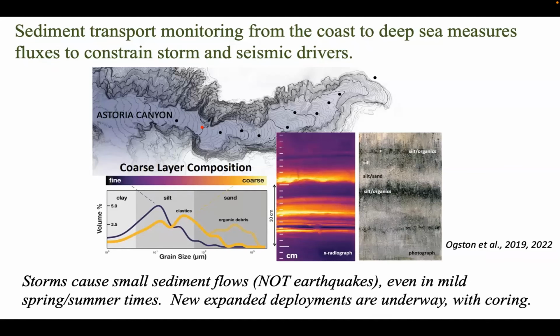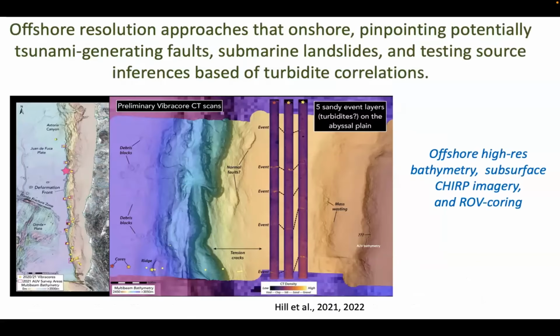They actually monitored sediment input in Astoria Canyon, one of the major canyons, and showed that even during the wet seasons, there were pulses of sediment delivered to the offshore. This has now been funded by the NSF to do a more expanded version and look at the sediment input farther down the channel and over a full climatic cycle.